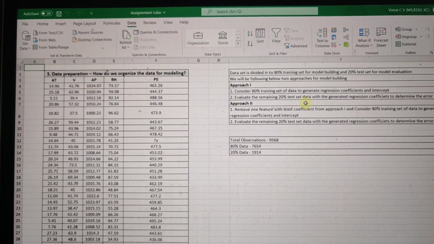I mean, which is the best model giving us the maximum output. The predicted variable should be as close as possible to the actual variable. The total observation is 9,568, and 80% of the 9,568 is 7,654, and the 20% data is 1,914.